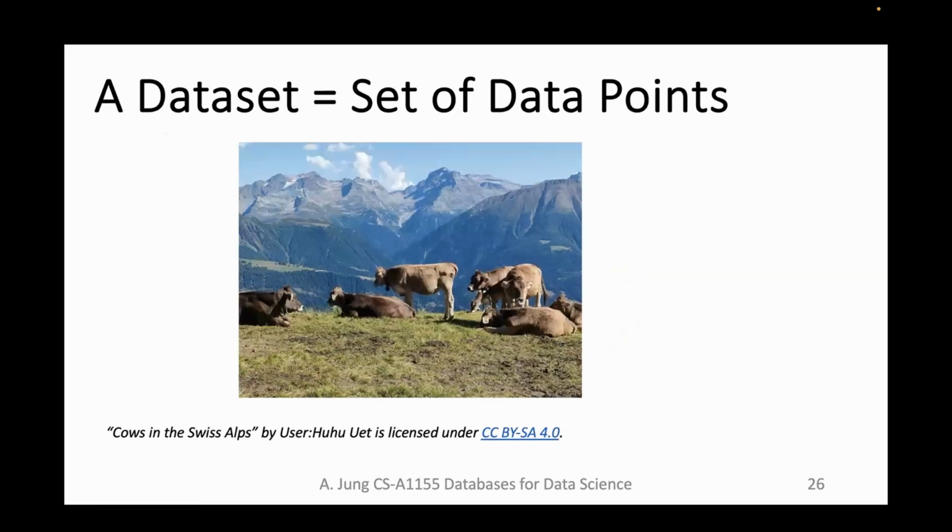And here as a specific example of a data set, I have a set of data points where each data point is a cow. So this carries information in different ways. You could use the height of each cow, the weights, the ages as relevant information to predict something.